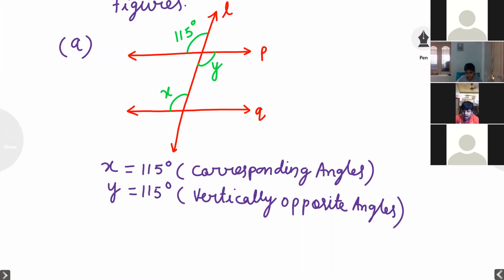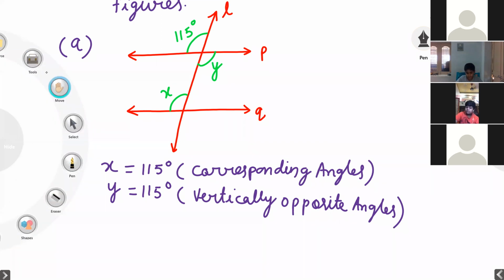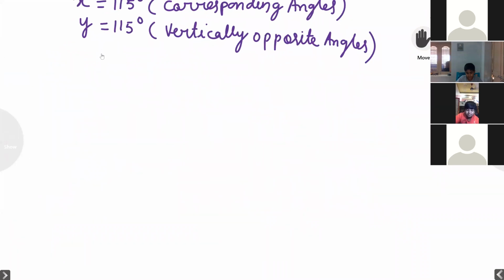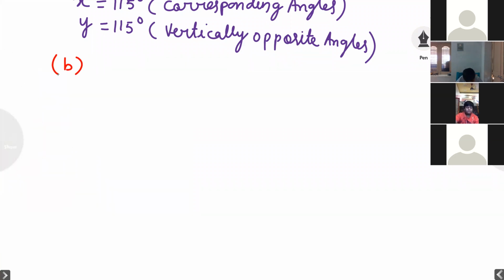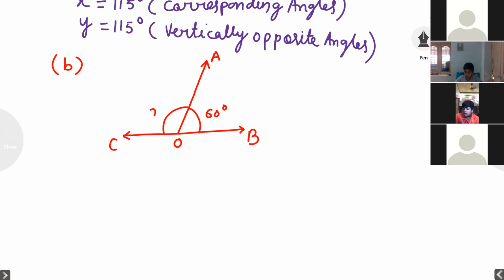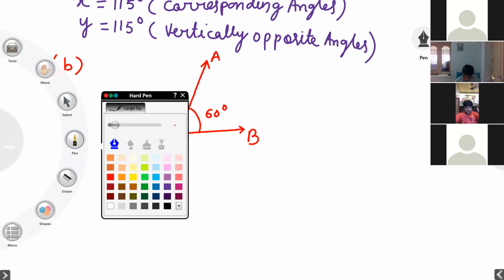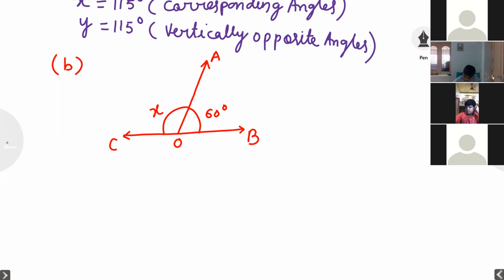Next, B figure. O, A, B, C. In this figure, I want to find the value of x.